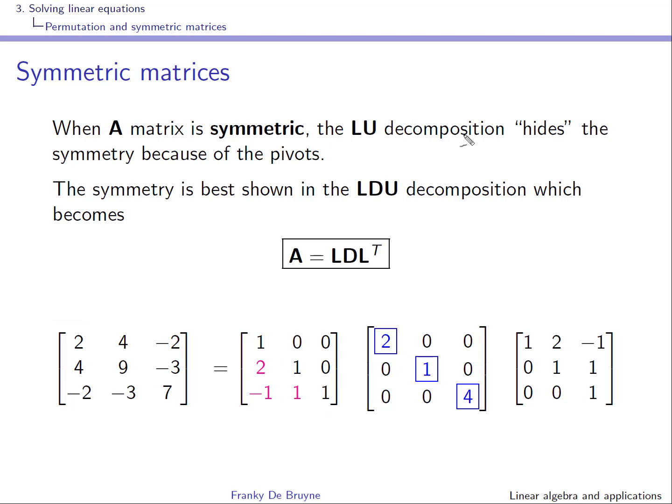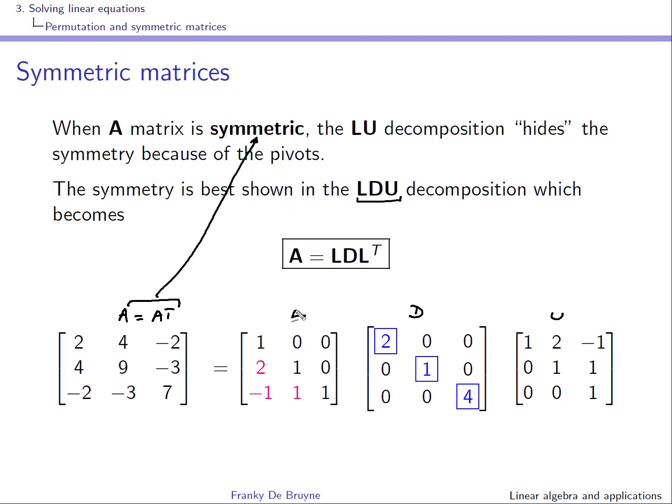When a matrix A is symmetric, you can do its LU decomposition, but the fact that it is symmetric will be hidden in this LU decomposition. So you should actually use an LDU decomposition. This is the matrix A that we had been using before to compute the LDU decomposition. It turns out that this matrix is equal to its transpose, so it is symmetric.